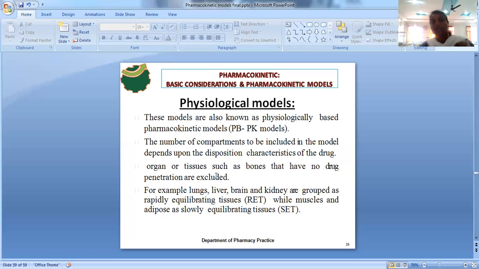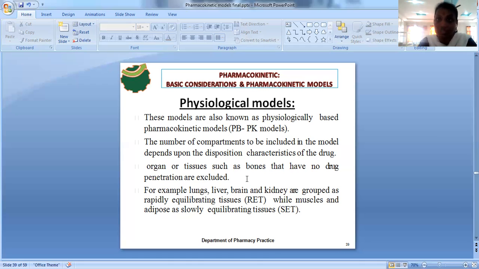Whatever the pharmacokinetic explanation, the quantitative estimation can be done on the basis of blood flow and blood perfusion only. That's why organs or tissues which do not have any blood flow or any penetration are excluded here.